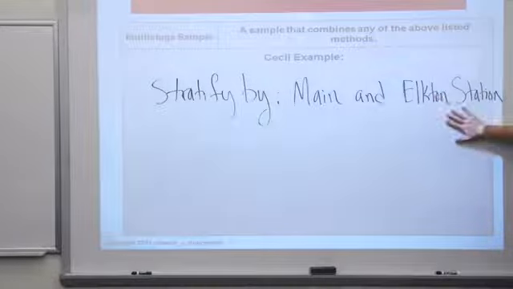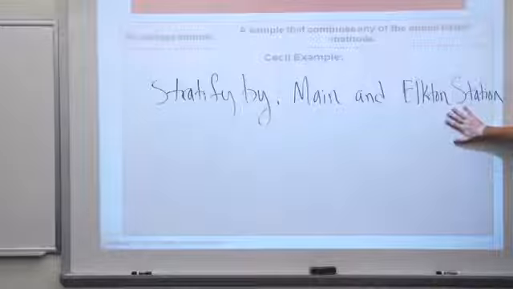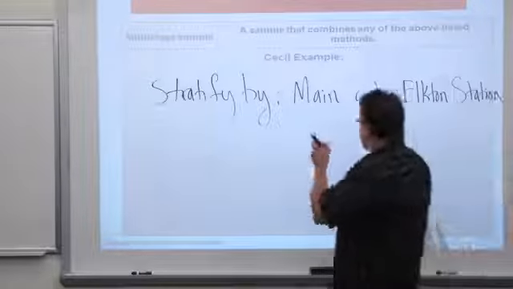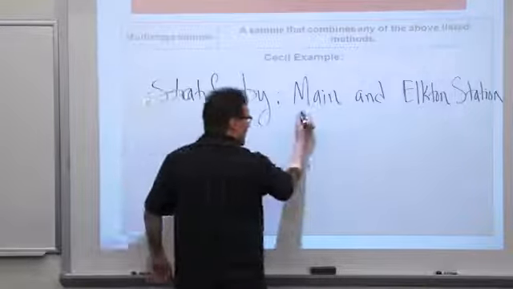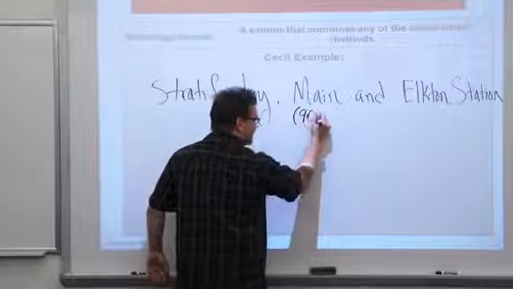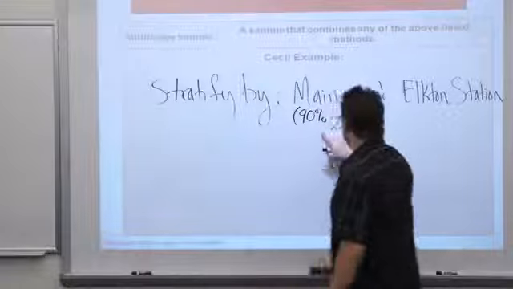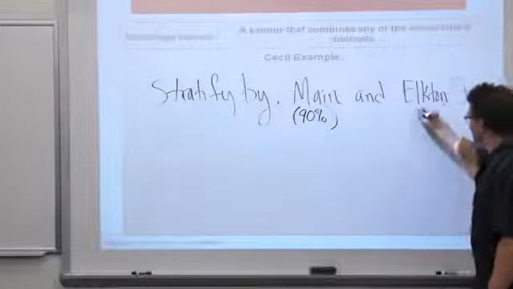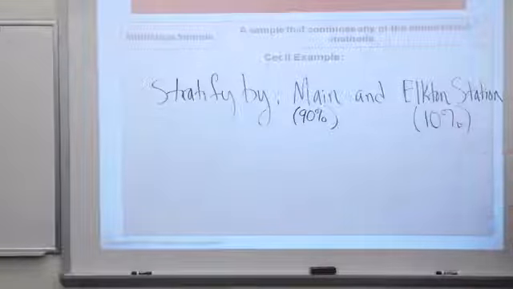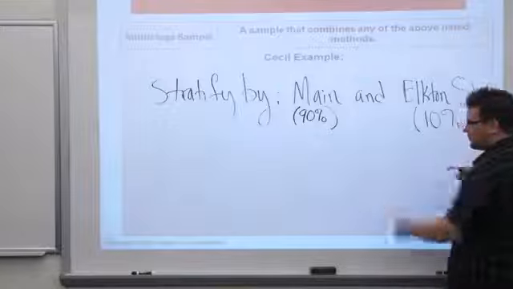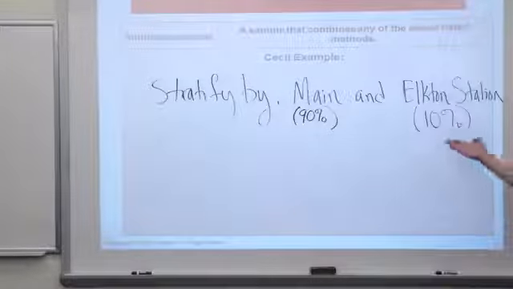We don't want to forget about the folks at Elkton Station. I don't know the actual breakdown, I'm just going to throw out some nice round numbers. I'm going to make sure that I get 90% of my data from the students on main campus, and 10% of my data from the students that just go to Elkton Station.